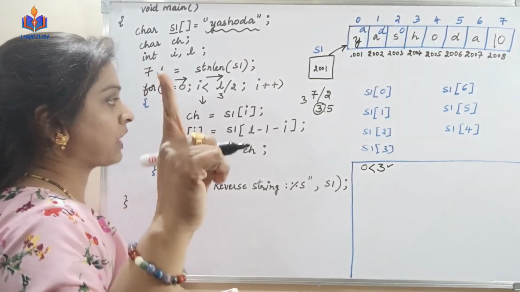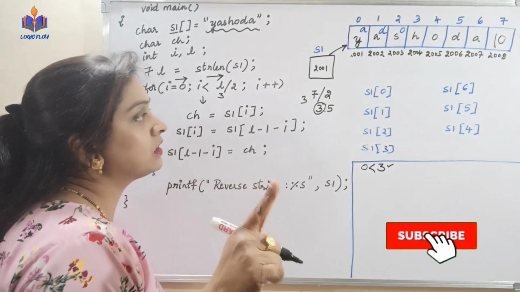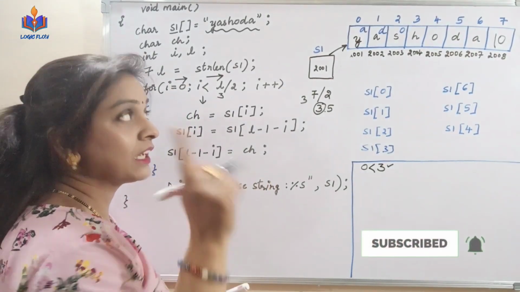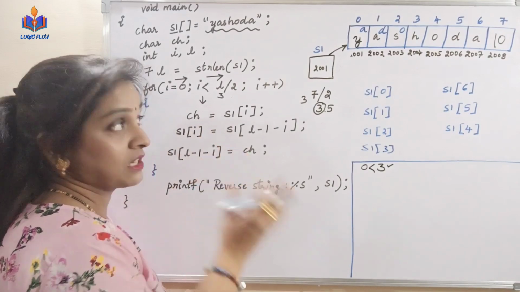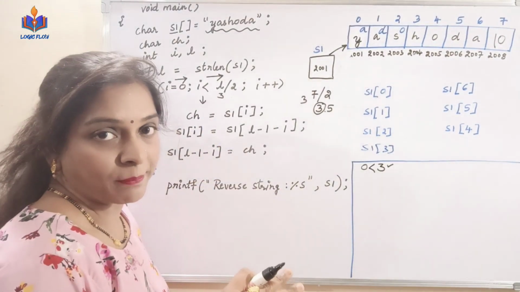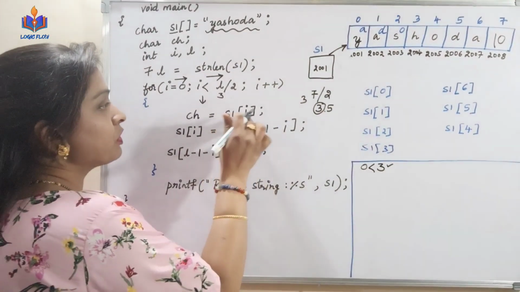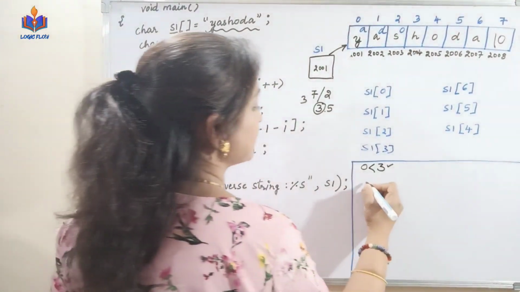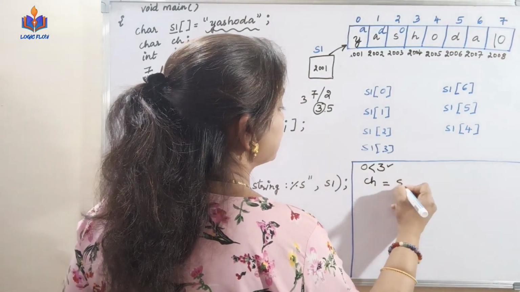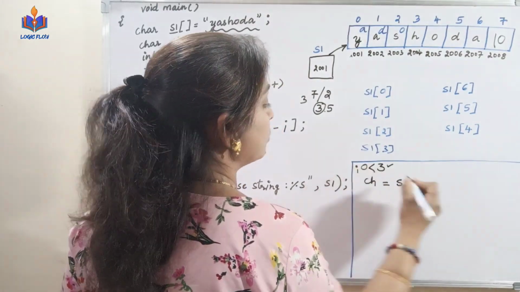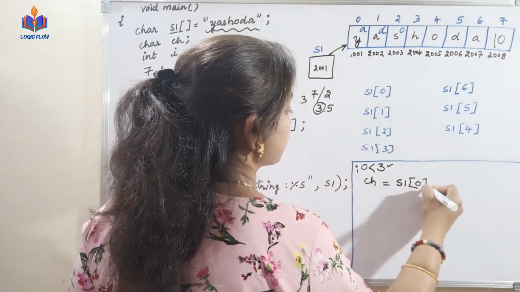The first thing that I am doing here, as soon as I enter into the loop, as I said, I need to take the backup of the characters and then I need to swap. So when I do the swapping, I have to take a backup. So I say CH equal to S1 of I, and I means 0, so S1 of 0.